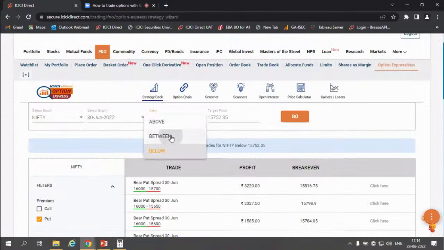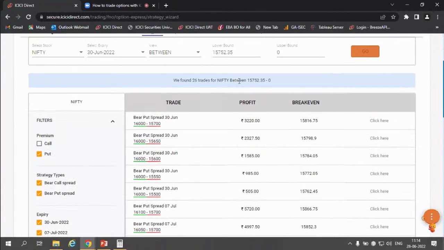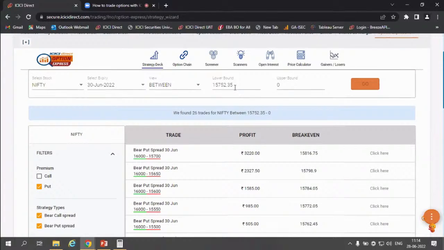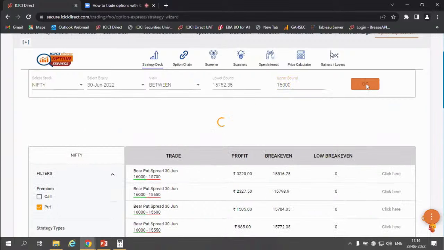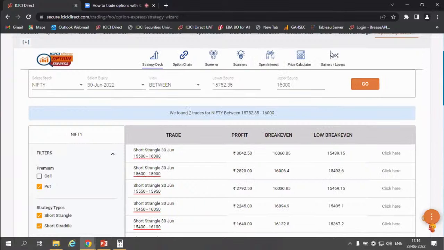The next is the between. If you have a view whether the market is going to be between 15,750, let's say, and 16,000, let's say. So if I click here, it probably will throw. Yeah, so it has given me 7 different trades. Even after clicking on the calls, it is giving me 7 different trades for Nifty between 15,750 and 16,000.